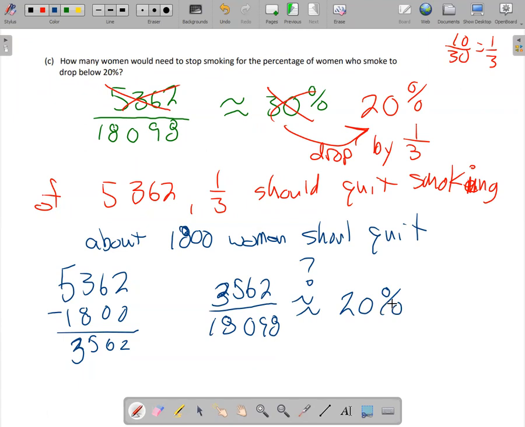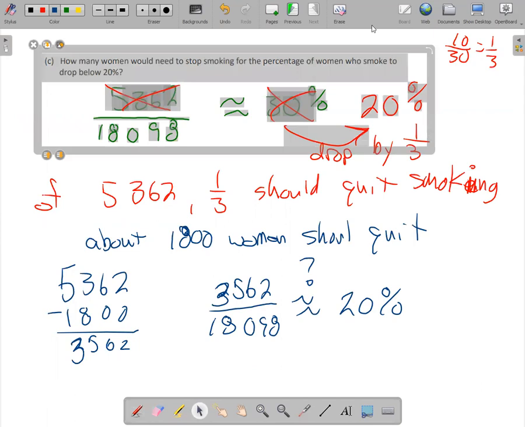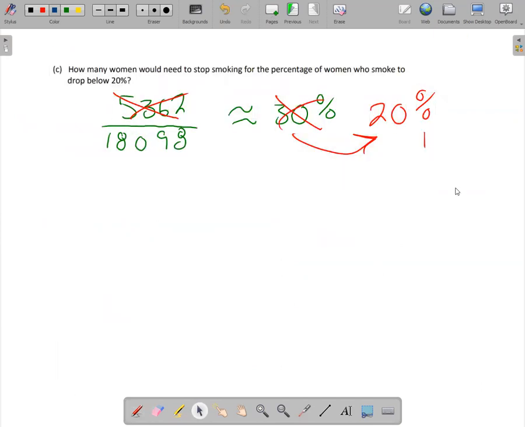So we did a little bit of algebra last week, so I want to approach this a slightly different way. Alternate way of looking at it. We want some women to quit smoking, so we could just get rid of that number and put a question mark there.